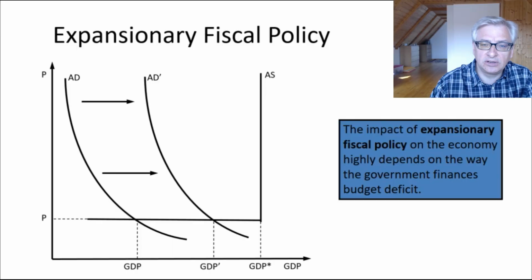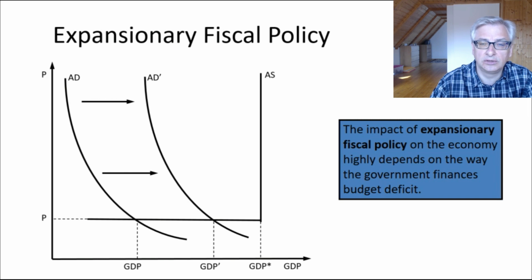So expansionary fiscal policy looks like here, right? You can see the shift of aggregate demand to the right towards greater GDP, and because we are on this horizontal part of aggregate supply, we are not frightened about inflation.